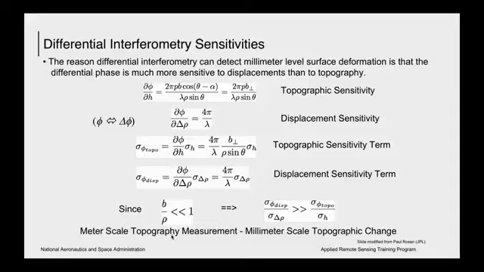The estimated accuracy for the Shuttle Radar Topography Mission was around 10 meters, whereas we can measure surface displacements on the order of millimeters. With C-band radar, just a few millimeters; with L-band radar, around 5 millimeters. Much smaller than the meter scale or tens of meters scale accuracy of topographic measurements.